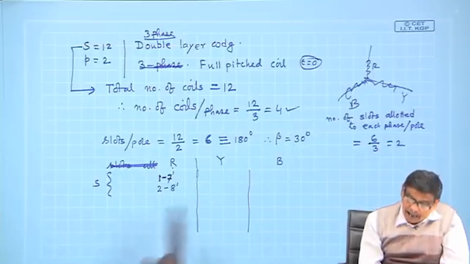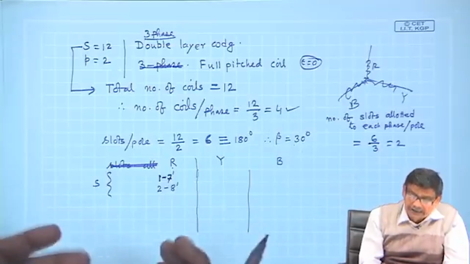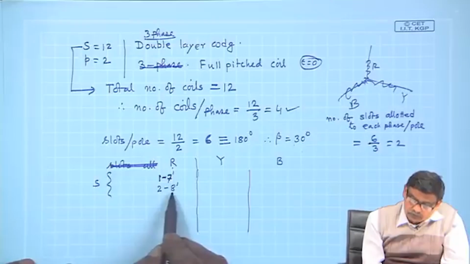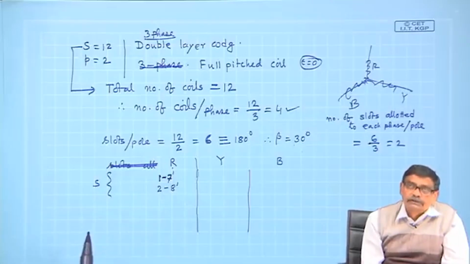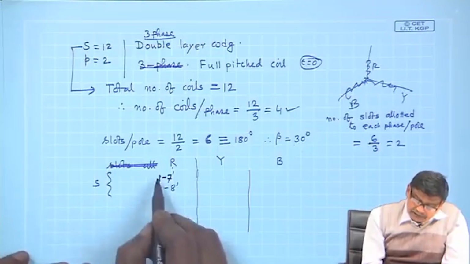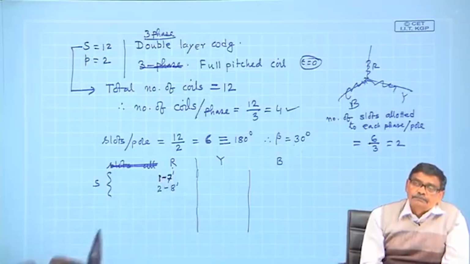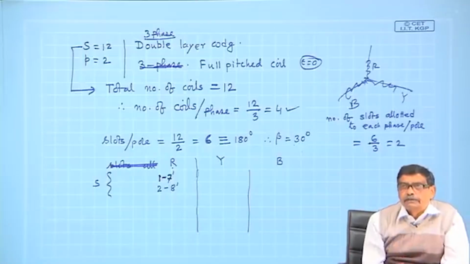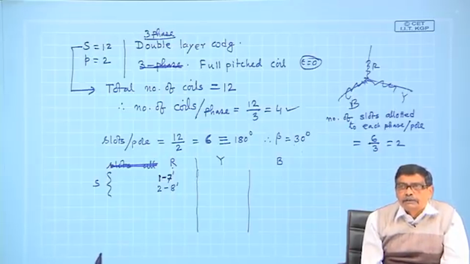Coil spans are the same and each coil is identical, only their names will be different. So, 1 7 dashed and 2 8 dashed, R phase is over. Now, this is the starting of R phase. Y phase should be displaced from R phase by 120 degree electrical.